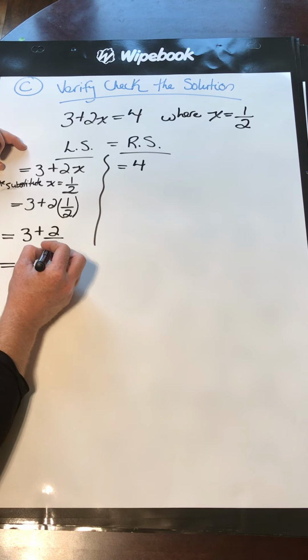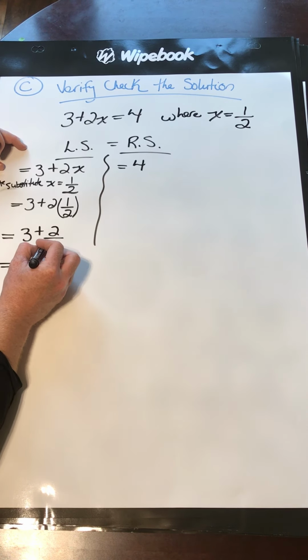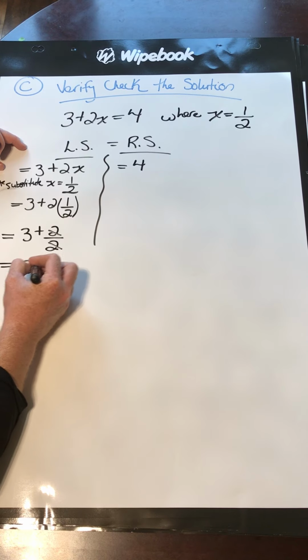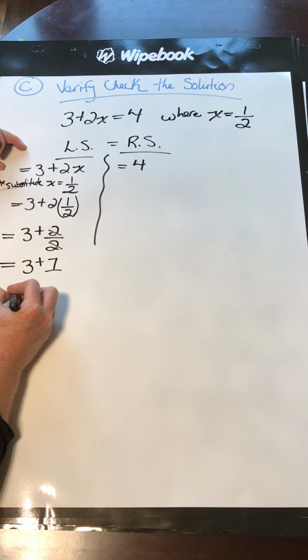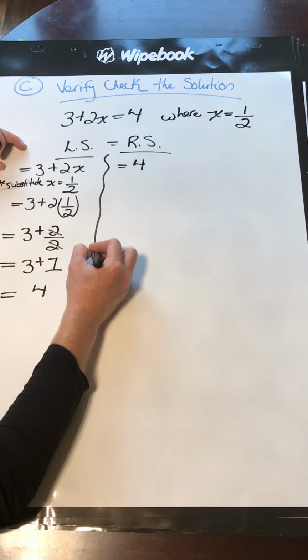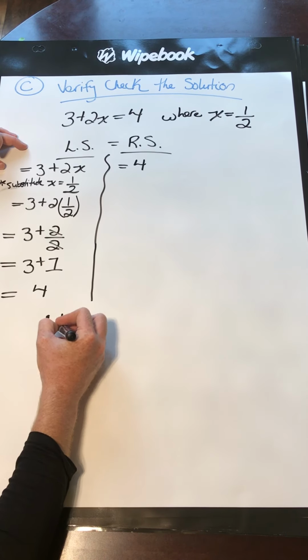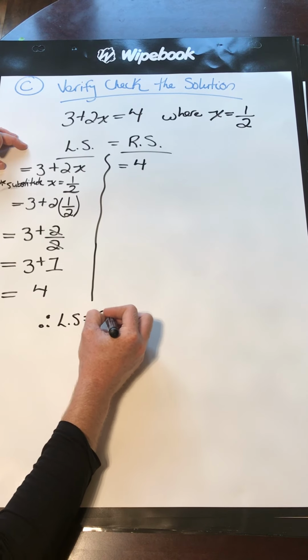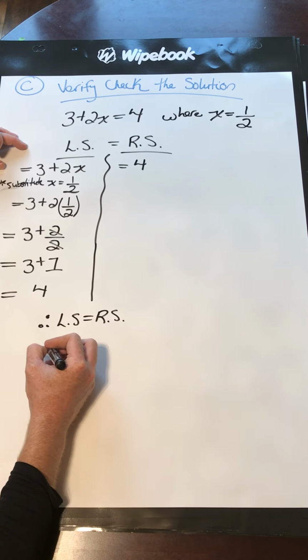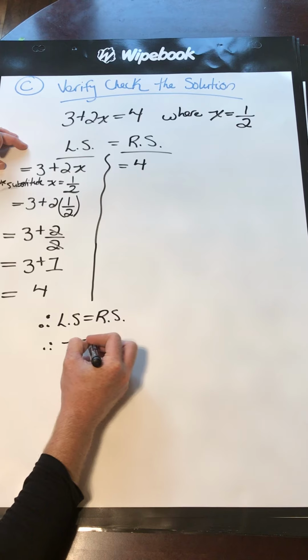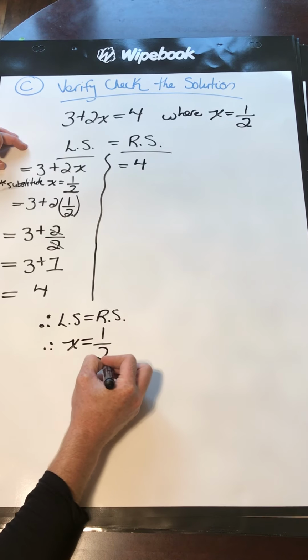And this 2 divided by 2 is equal to 1, so 3 plus 1 is equal to 4. So now I can say, therefore, the left side is equal to the right side. Therefore, x is equal to a half.